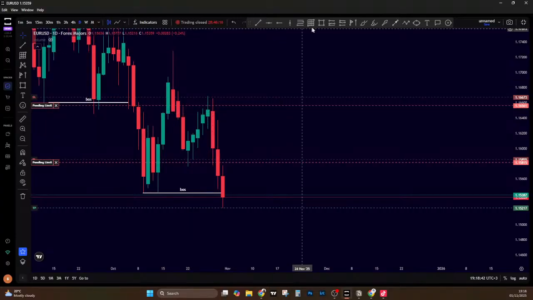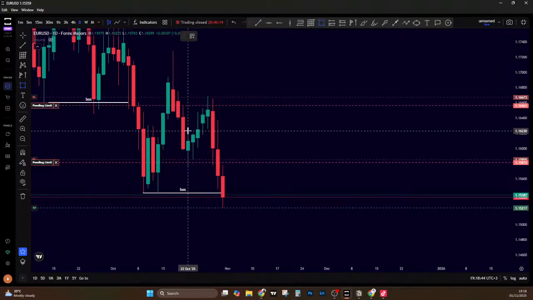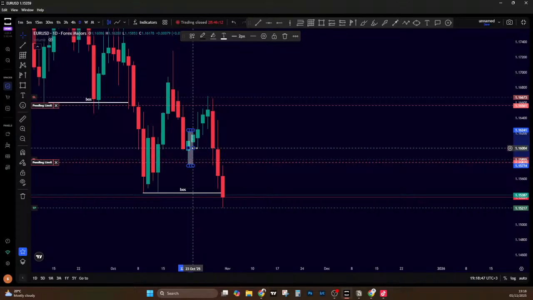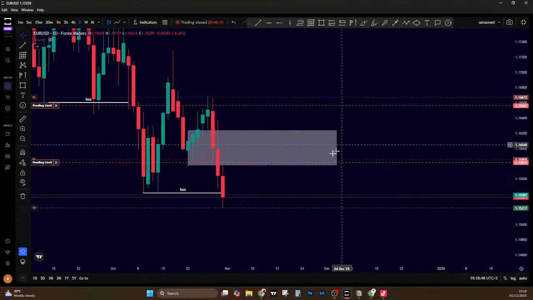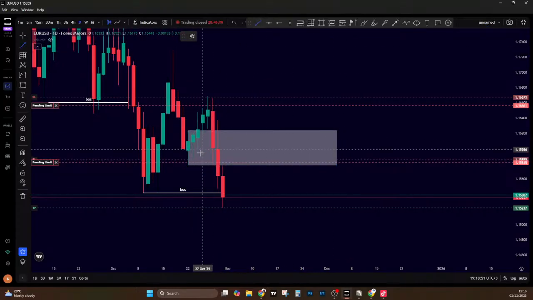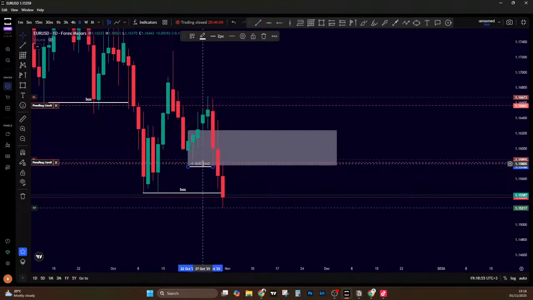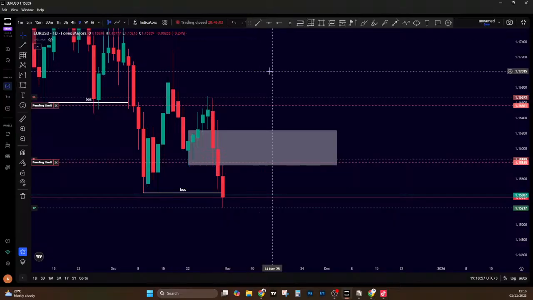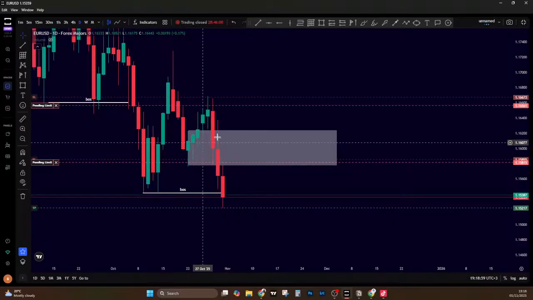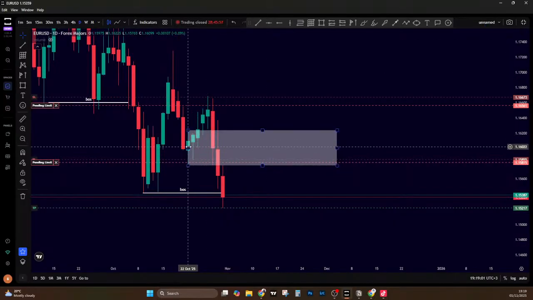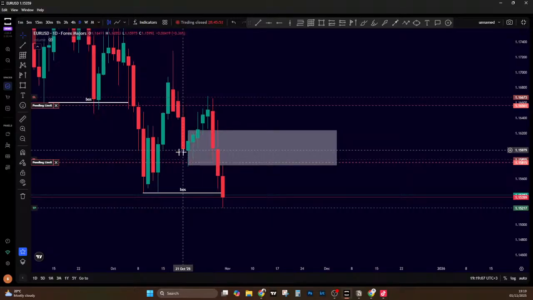So I'll be looking for selling opportunities around this BOS here, because if you look at this, there was a break of market structure. Okay. So let me try to look for a breaker block around this area. We are analyzing EURUSD now around this area. Once I get that, I think I'll be good to go with this.